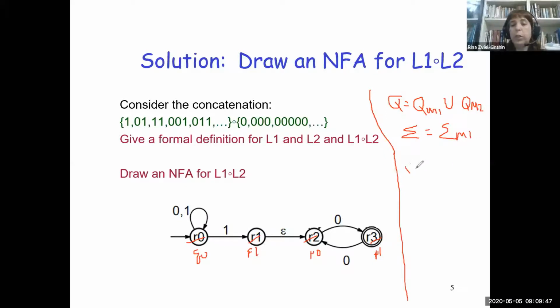Transition function, let's start talking about the delta function. I didn't delete any transitions that we had in the first automaton and in the second automaton.